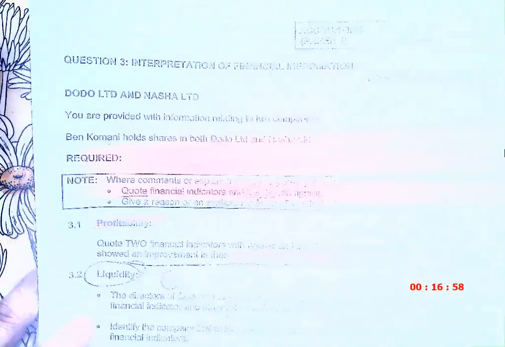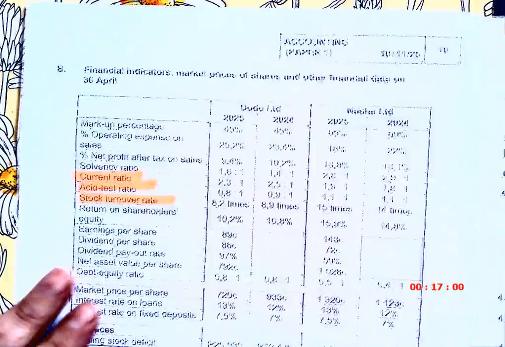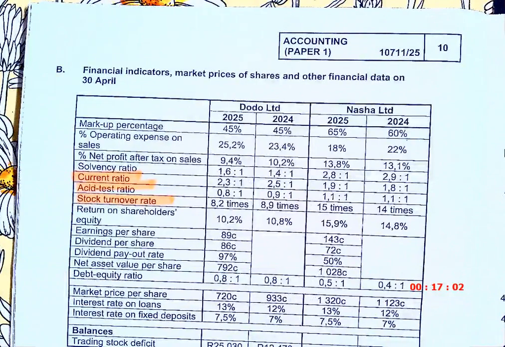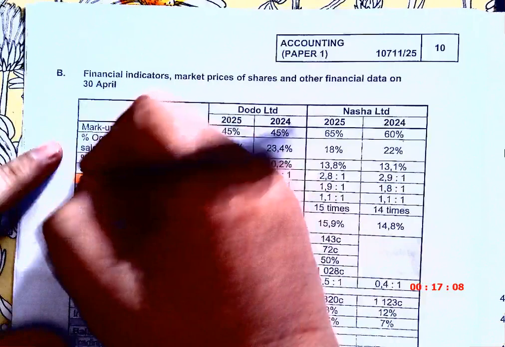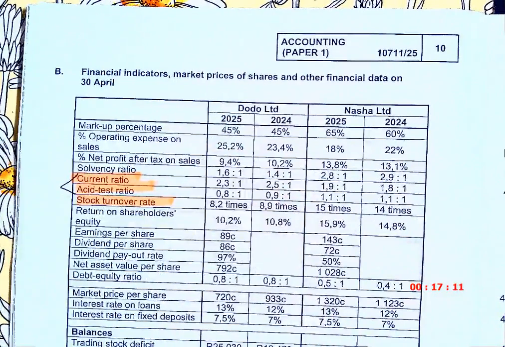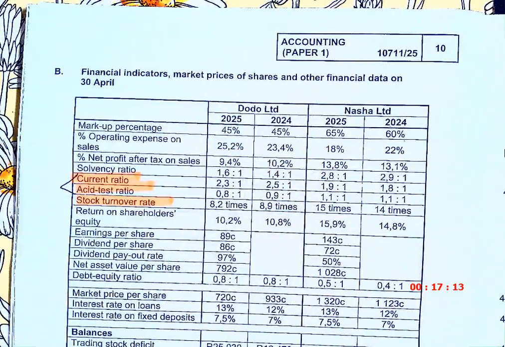Okay, so now if I go look here, which is the most obvious stock one? And they ask you to quote 1. Remember, if you want to use the current and the asset test, you are quoting how many ratios? 2. How many ratios is this guy asking you? 1. So which one is the most obvious? Stock turnover.